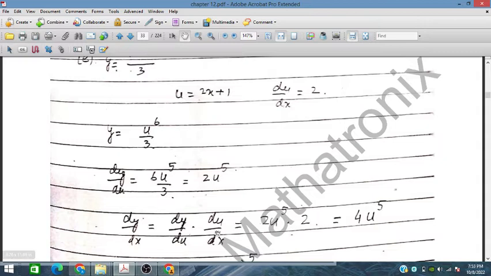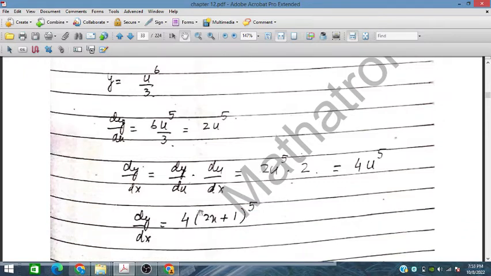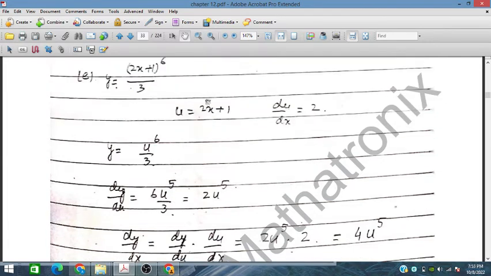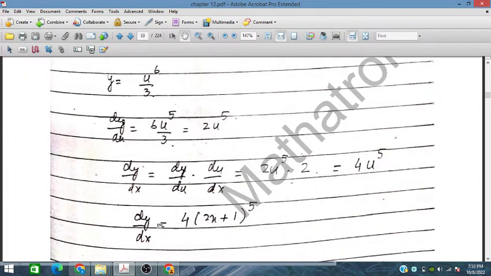By using the chain rule, dy by dx is dy by du times du by dx. In place of du by dx we have 2. Solving, we obtain 4u to the power 5 for dy by dx. In place of u we put 2x plus 1.